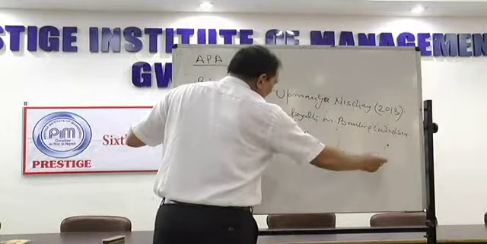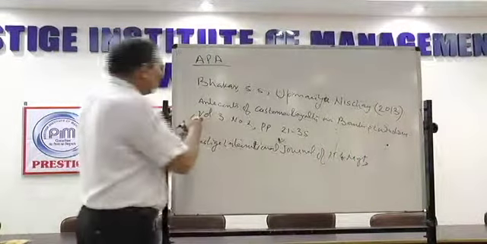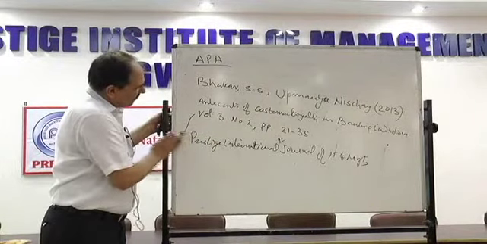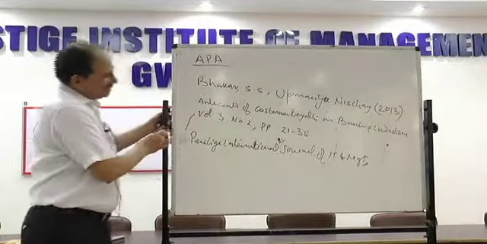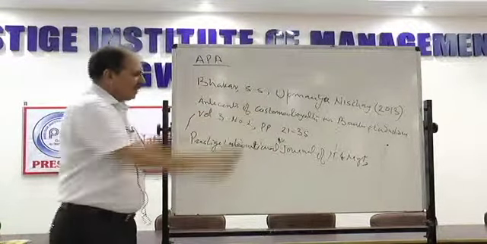And the full form has to be there. Okay, comma, and then volume. Prestige International Journal of IT and Management, comma, then volume and number, comma, PP.